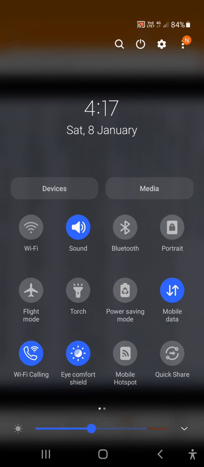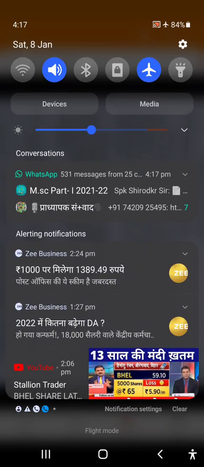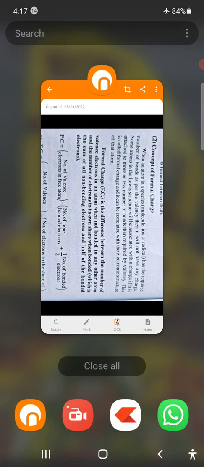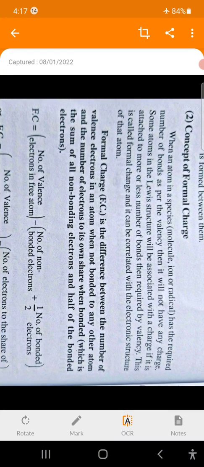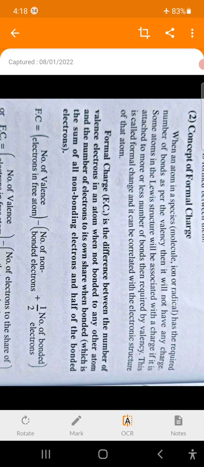Here formal charge can be defined first as the difference between the number of valence electrons in an atom when non-bonded to any other atom, and the number of electrons to its own share when bonded with other atoms.